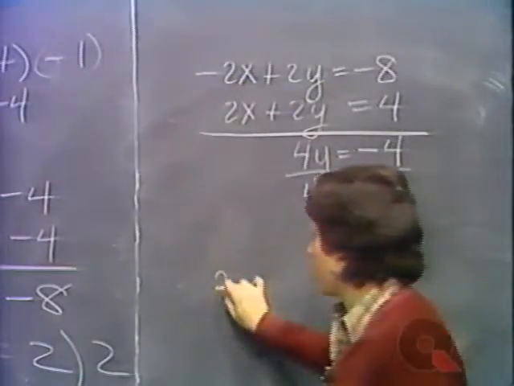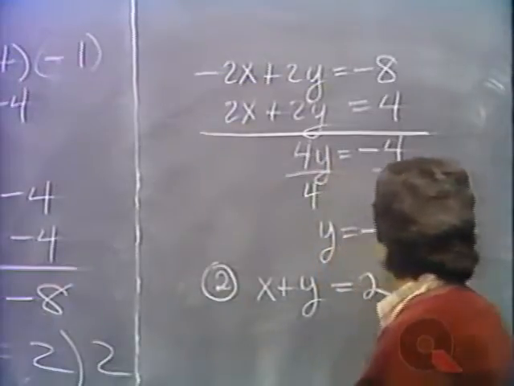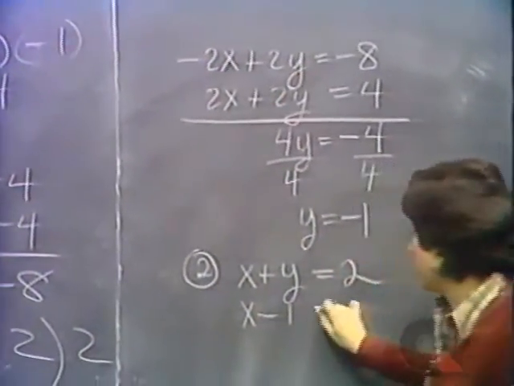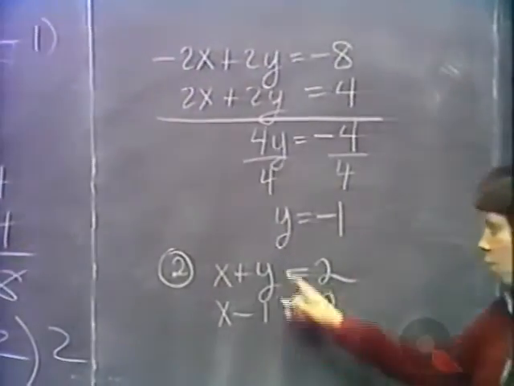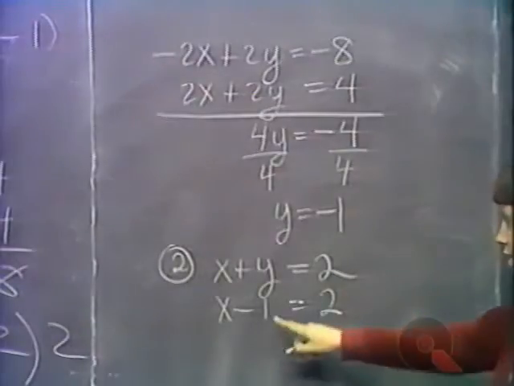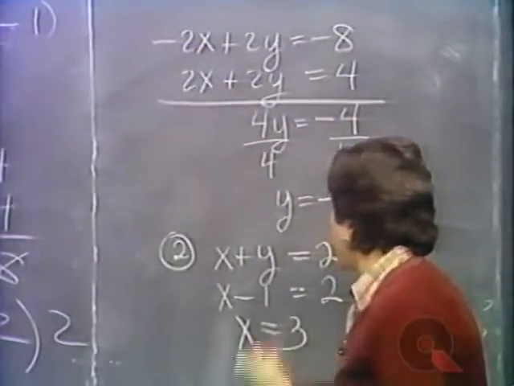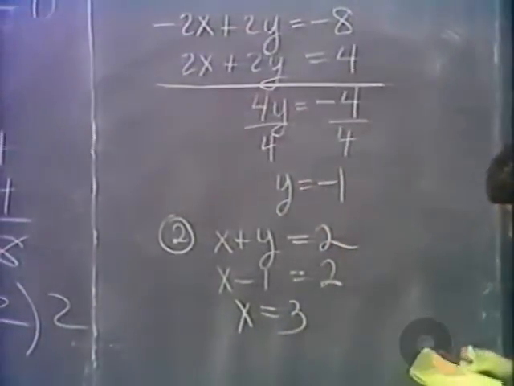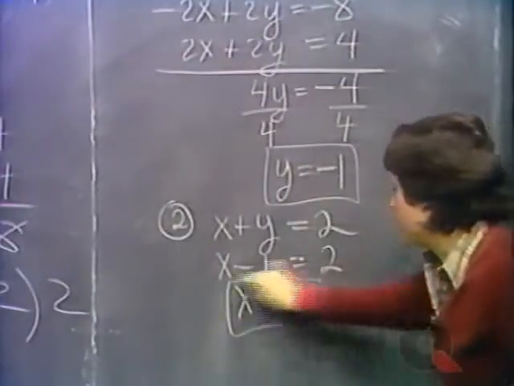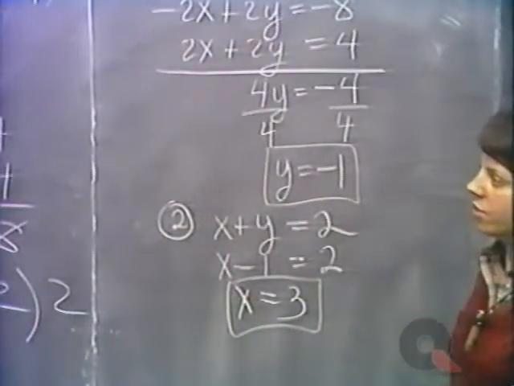We then go back to equation 2, which said that x plus y equals 2, and say if we know that y equals minus 1, then x must be equal to 3, adding 1 to both sides of the equation. So we now know y, we now know x, and we would like to find z, so just choose any equation involving z.